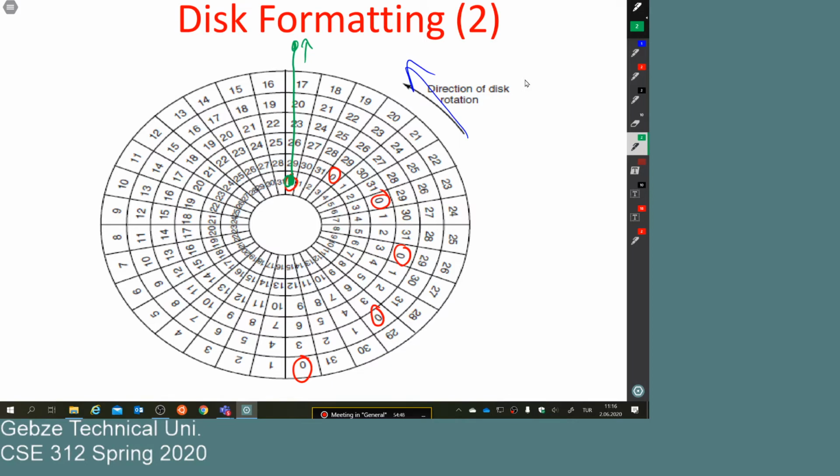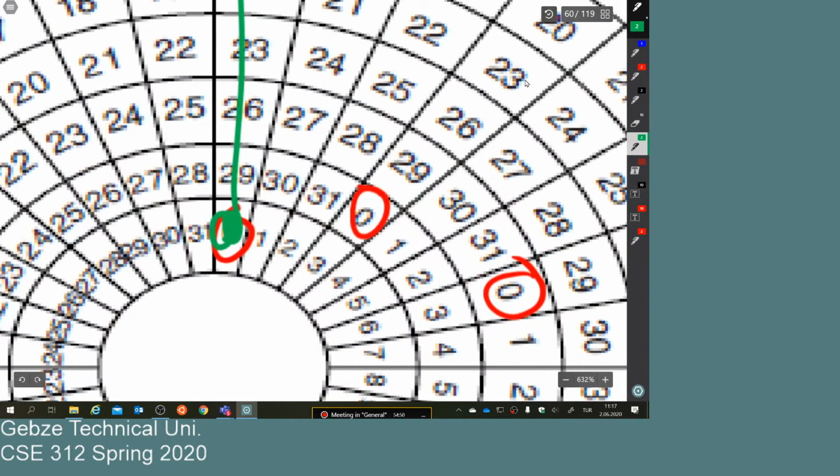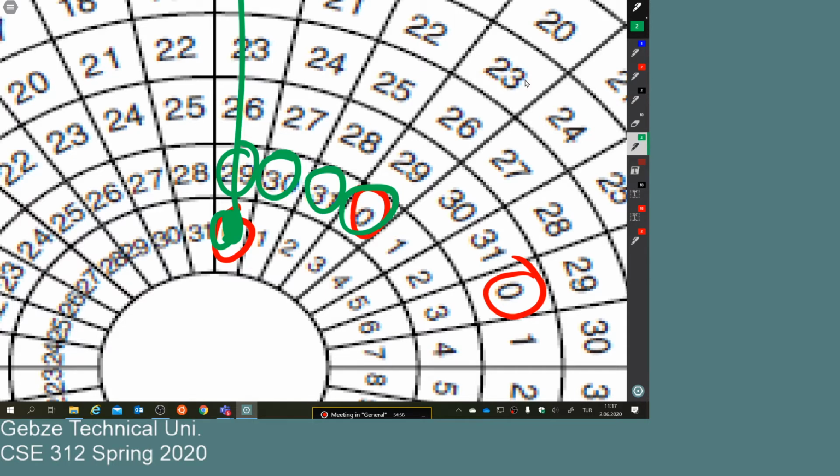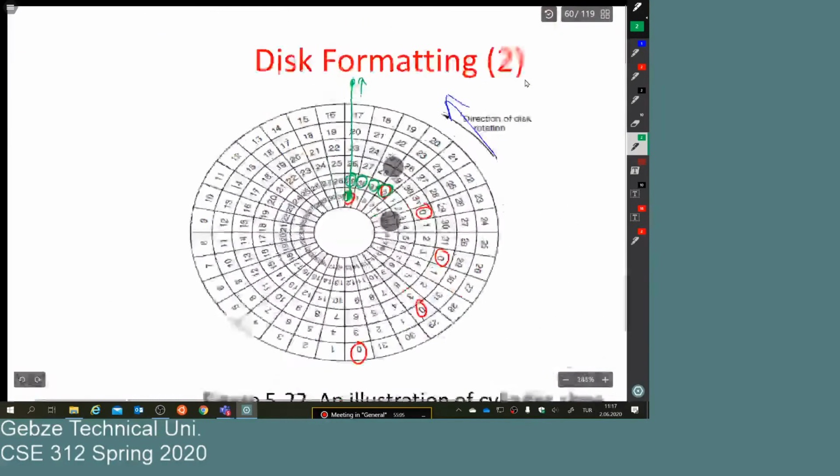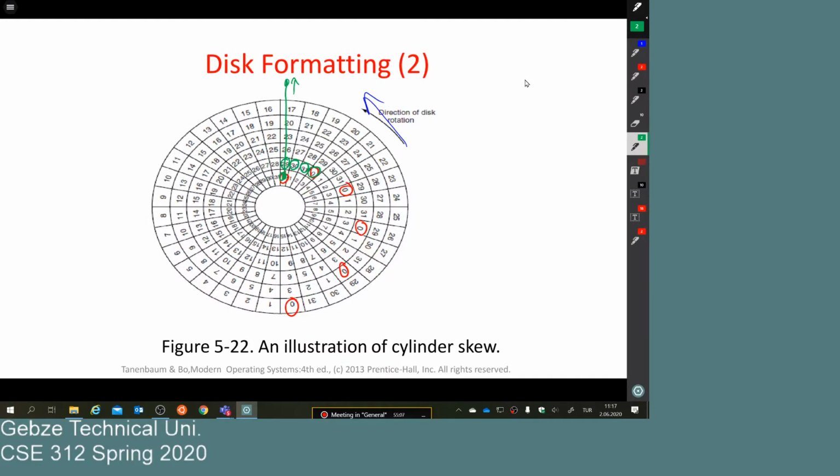So if the disk spins this much, 1, 2, 3, 4 sectors, then I am at the perfect position to start reading the upper track. So that's why they do this kind of cylinder skew. This is called cylinder skew.